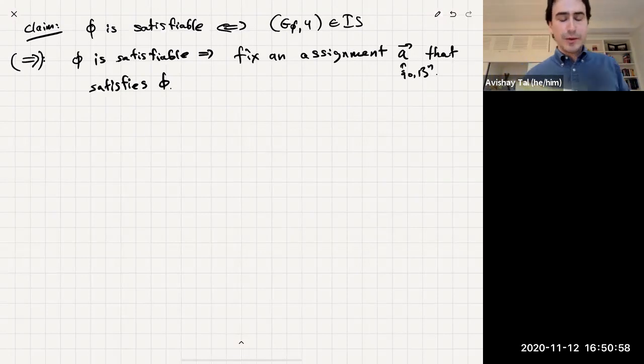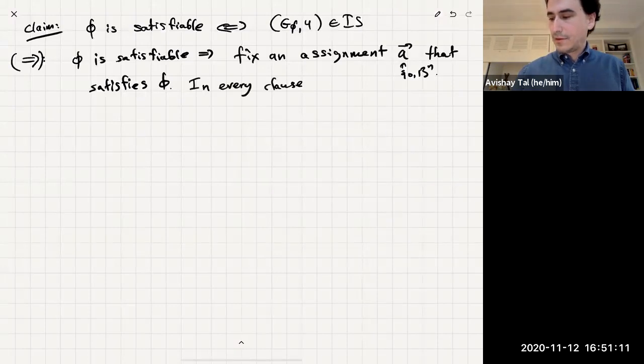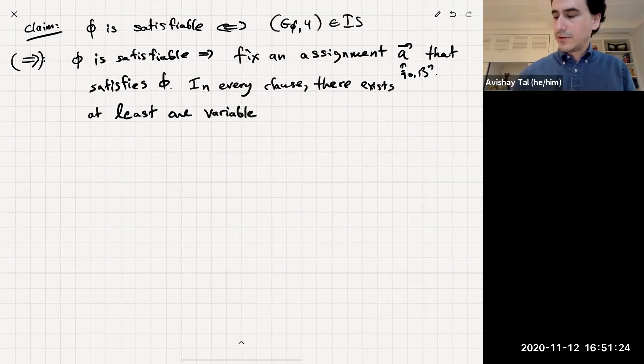And now, how am I going to pick the independent set based on this assignment? I know that in every clause, there exists at least one literal that A satisfies.